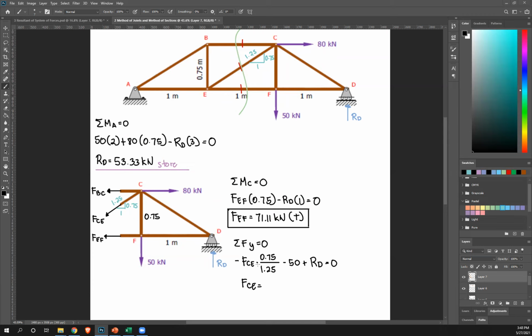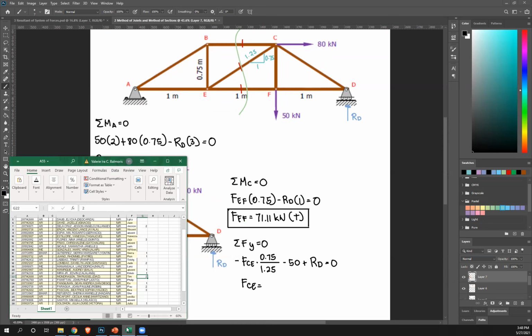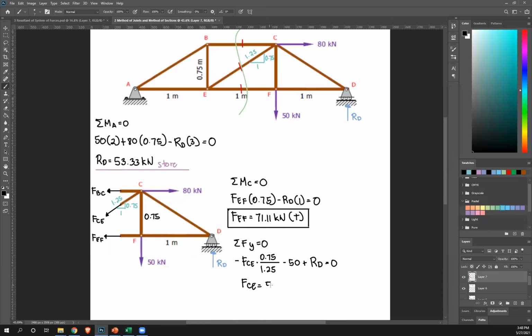Correct, Elika and Trinity, 5.56. Positive, therefore correct assumption. Don't forget the unit kilonewton. I assumed CE to be away from the point, so that's tension.